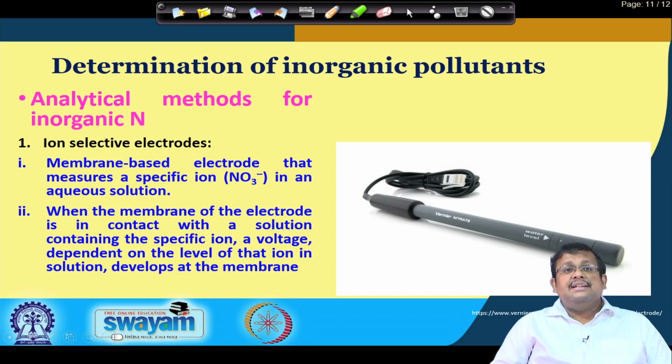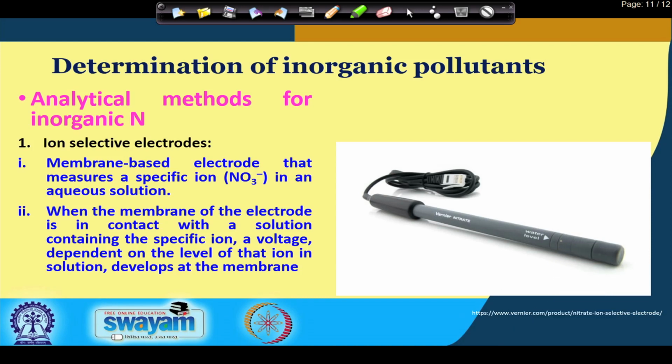Now, we are going to discuss the analytical methods for inorganic nitrogen. The first tool which we generally use for determination of inorganic nitrogen or a particular ion is the ion selective electrode.